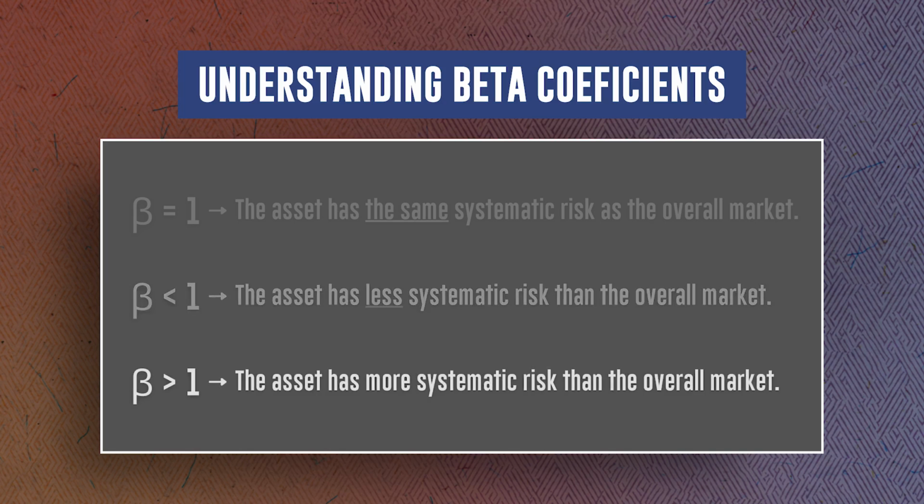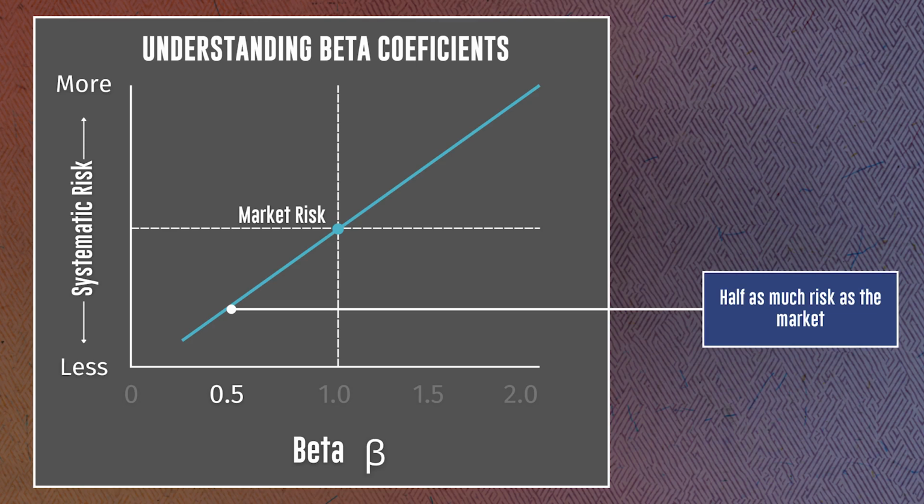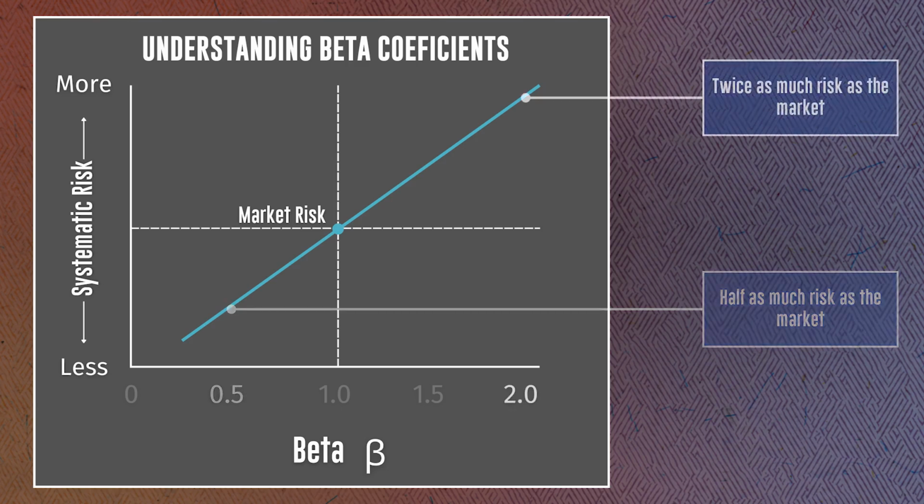And you guessed it, a beta of greater than 1 implies the asset has more systematic risk than the overall market. A stock with a beta of 0.5, for example, would have half as much systematic risk as the average stock in the stock market. A beta of 2.0 would have twice as much systematic risk as the average stock in the market.